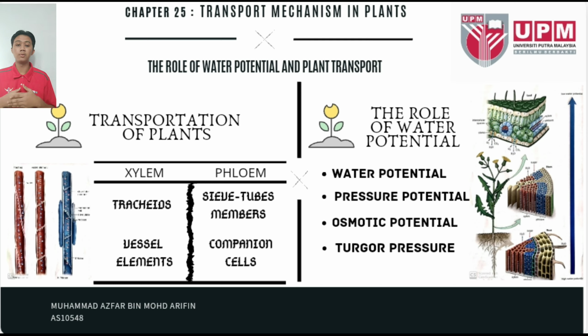As we know, plants run the photosynthesis process to gain their energy to do their metabolic process. In photosynthesis, they need carbon dioxide and water as their substances.